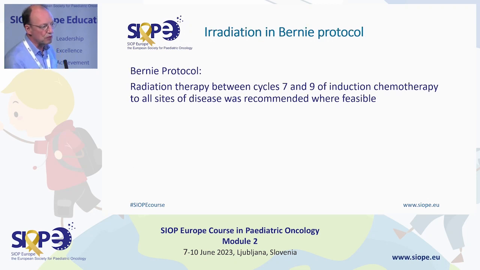The protocol said that radiation therapy was recommended between cycles 7 and 9 of induction chemotherapy to all sites of disease, of course whenever feasible. So actually, radiation therapy was recommended for basically all patients.